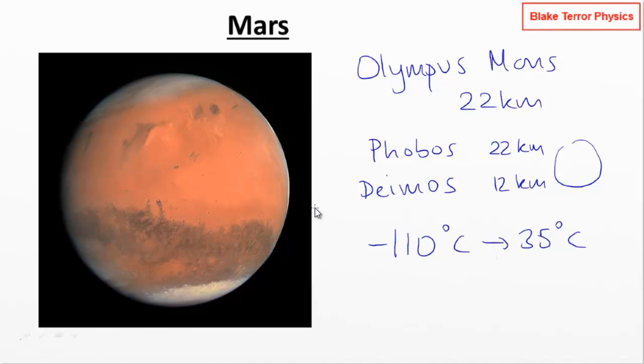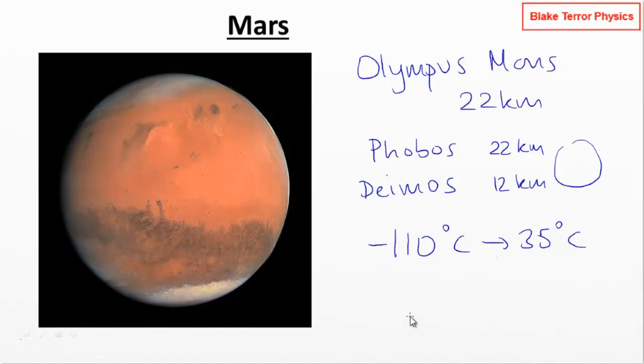Plus, you've got the advantage that there's lots of water ice. If the South Pole melted, they reckon, on Mars, if all of that water ice melted, it would cover the planet about 10 meters deep. The liquid water wouldn't last because the pressure's too low. There's not enough atmosphere. It helps to have an atmosphere just to keep the liquid there.